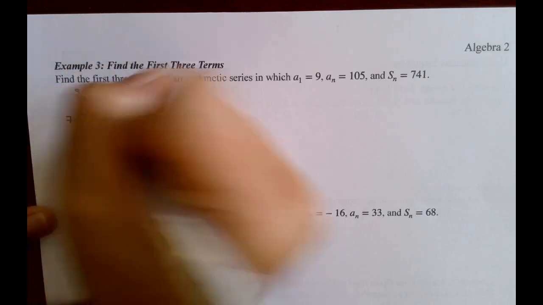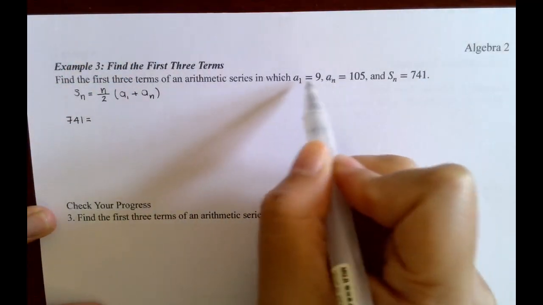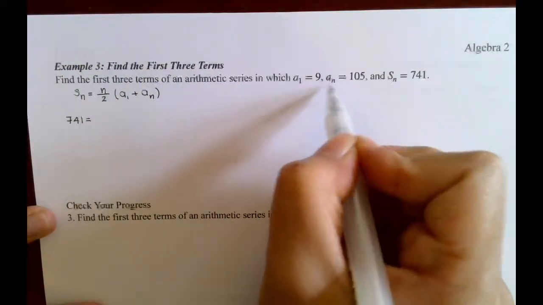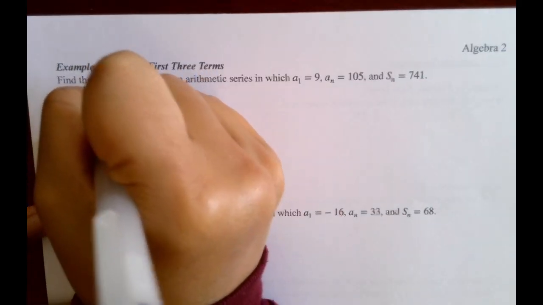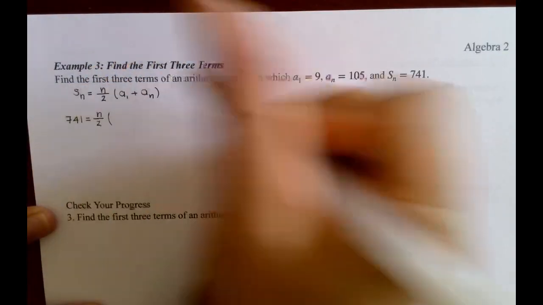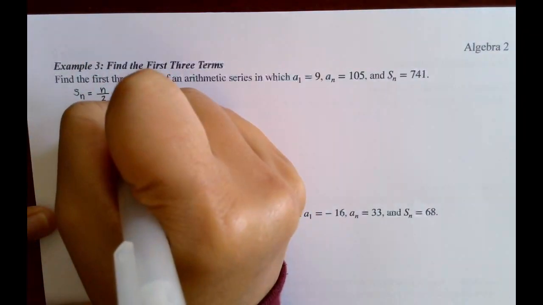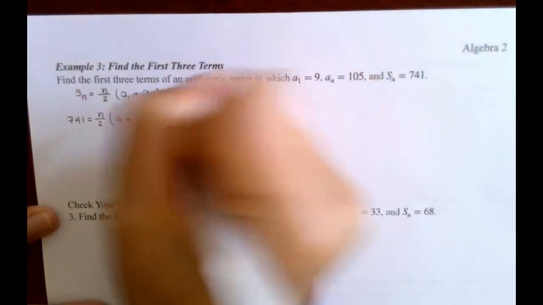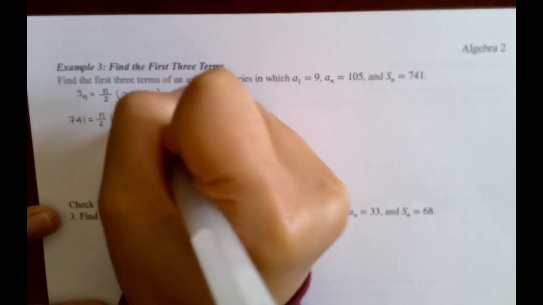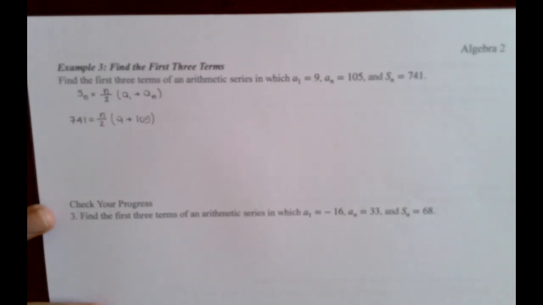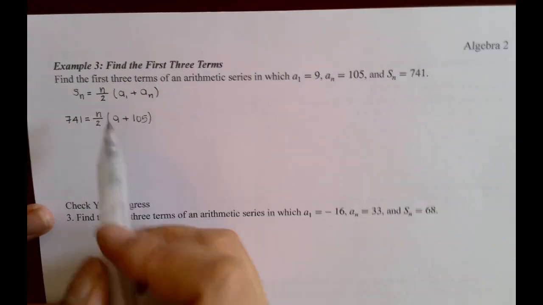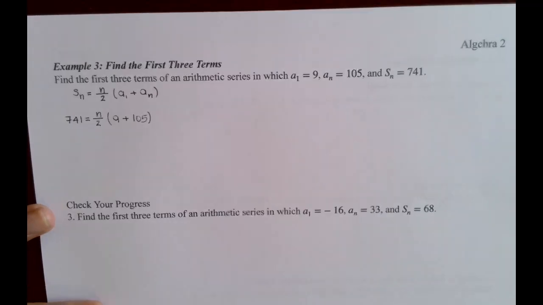I don't know how many terms there are from 9 to 105, right? There's no number here, so I'm going to leave it as n. A sub 1 is my first term plus my last term, a sub n, is 105. So this is helping us find how many terms we're adding up together.